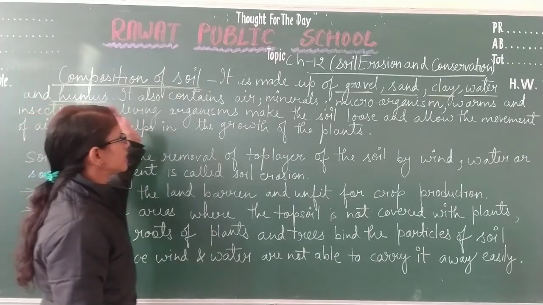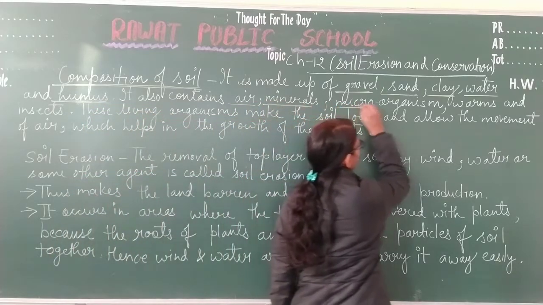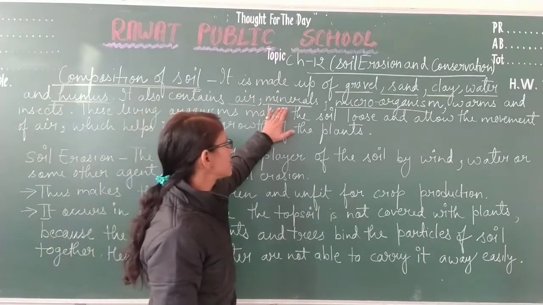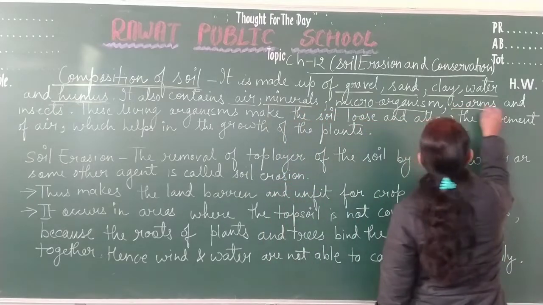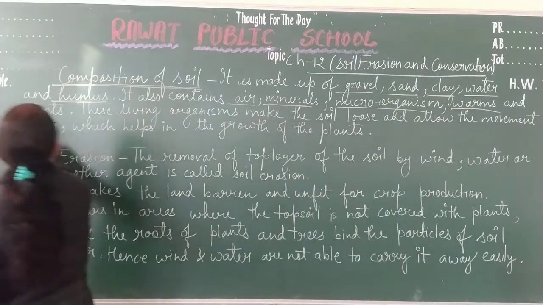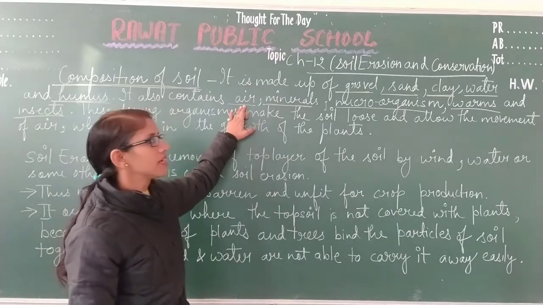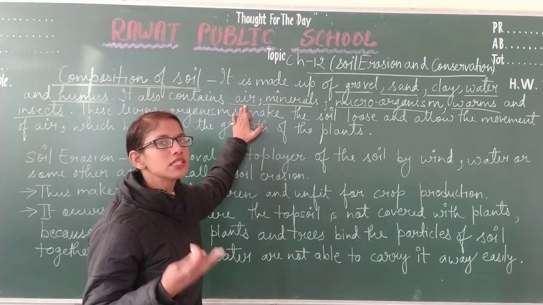The humus is the dead remains of plants and animals. Along with it, the soil also contains air, minerals and microorganisms. Microorganisms, worms and some insects are also present in this soil. To show that air is present in the soil, if we add water to it, we will see bubbles coming out.